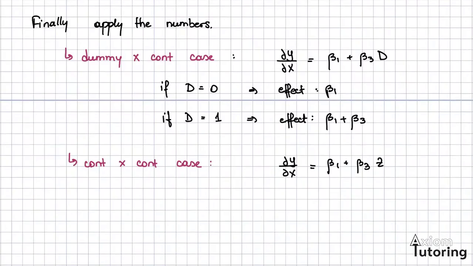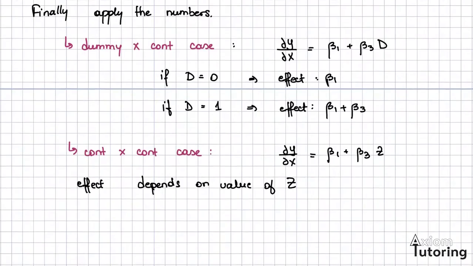So in this case, your effect depends on the value of z, sorry. And ultimately, you will need to report results at meaningful values, okay? Or of meaningful values.